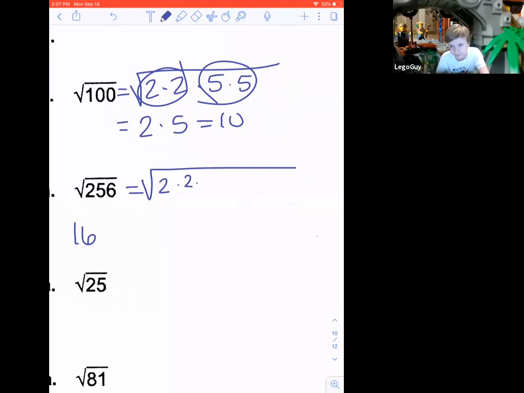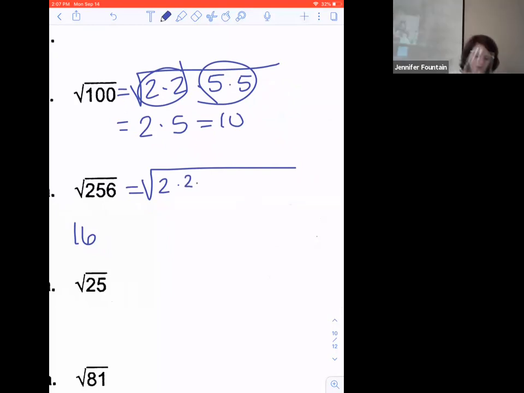So 128 divided by 2 is 64. Now 64 is even, so it's divisible by 2, and that's going to be 32. 32 divided by 2 is 16. 16 divided by 2 is 8. 8 divided by 2 is 4, and 4 divided by 2 is 2.